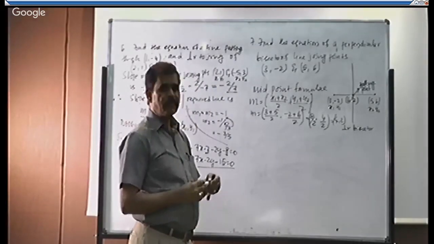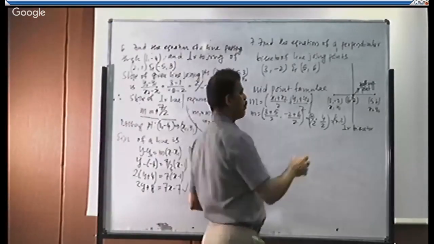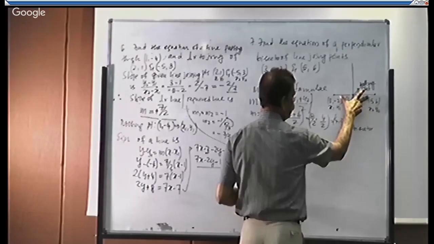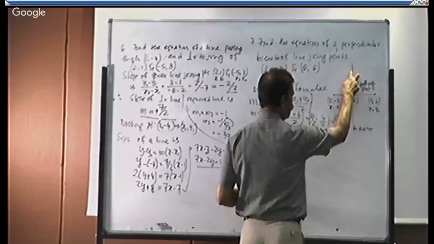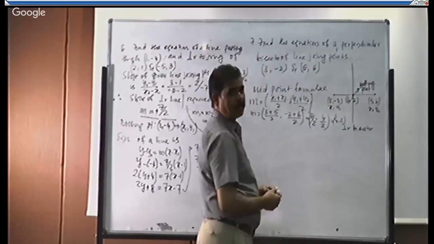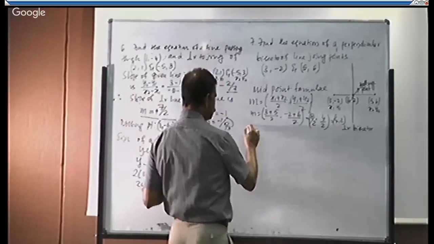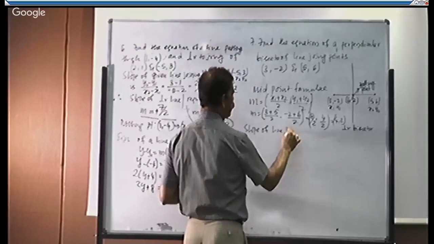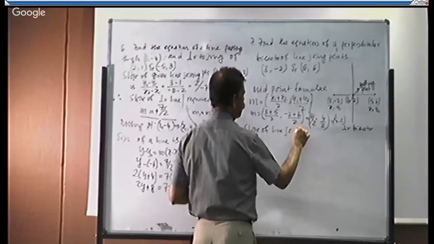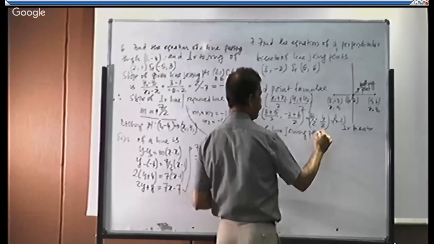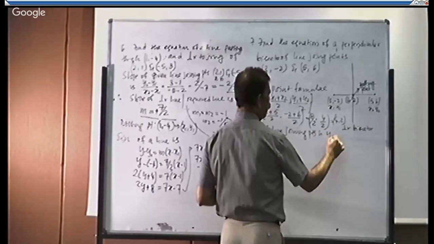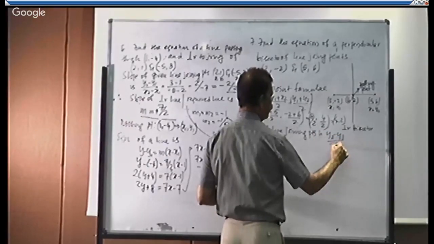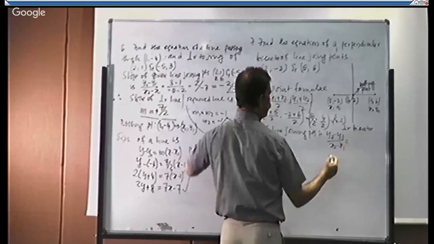Then what else do we need? We need the slope of the given line. With that I can convert for the bisector. Slope of the line joining the points is y2 minus y1 divided by x2 minus x1. What is y2?